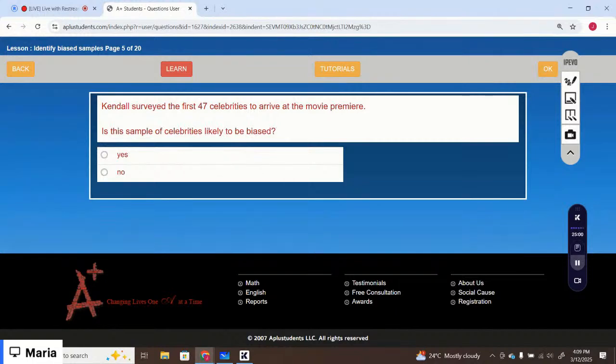Is the sample of the celebrities likely to be biased? Yes, that is a biased sample. Option number one is the correct option.